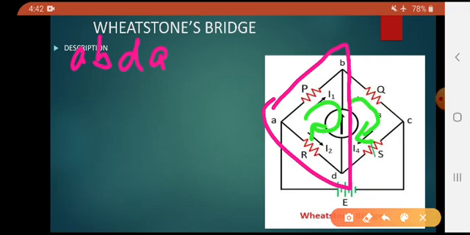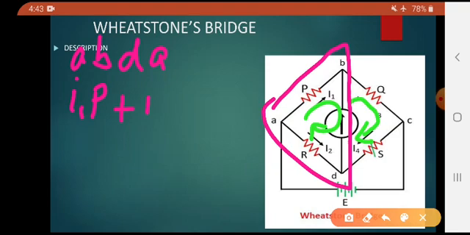Right? What is the second law? The sum of all the potential differences or voltages in a loop equals 0. So here, the current passing through the first resistance P is I1, so I1P is the first voltage, and here we have three resistances, three voltages.